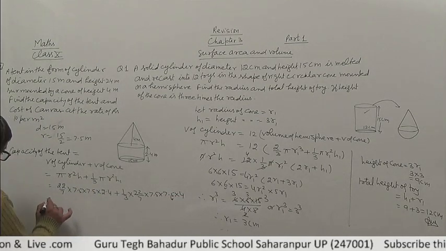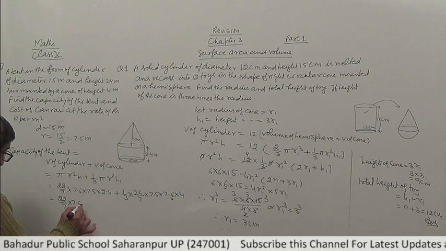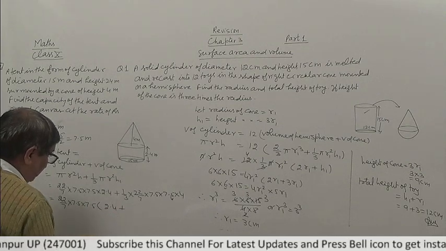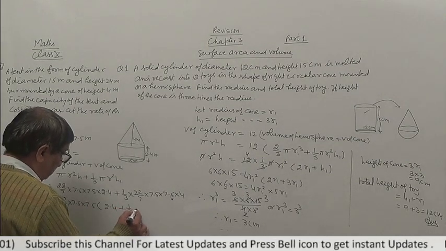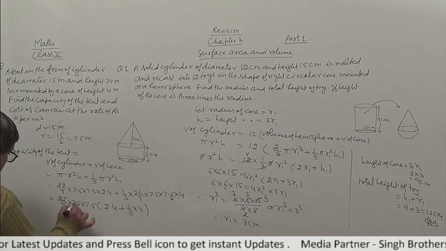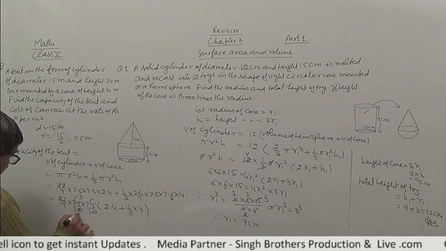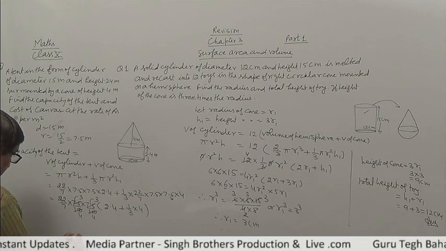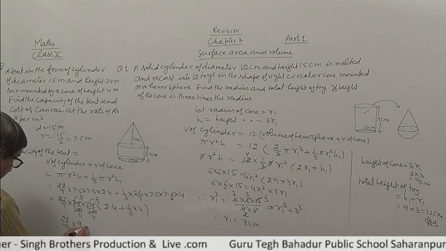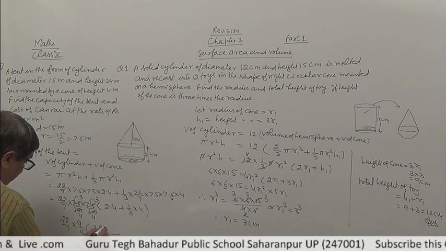So taking 22 upon 7 into 7.5 into 7.5 common, 2.4 plus 1 upon 3 into 4. Remove this decimal: 100, 100, 25 3s, 25 4s. 22 upon 7, 9 upon 16, 3 is the LCM, 7.2 plus 4.